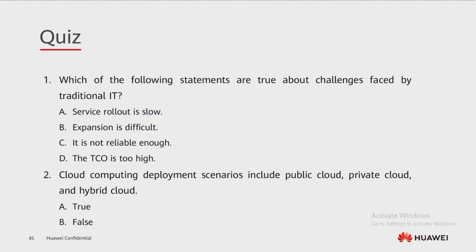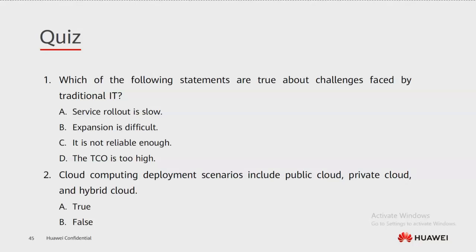But then let's look at the quiz question. Which of the following statements are true about challenges faced by traditional IT environments? Number one, service rollout is slow. Number two, expansion is difficult. Number three, it is not reliable enough.